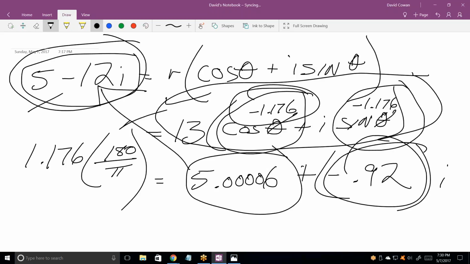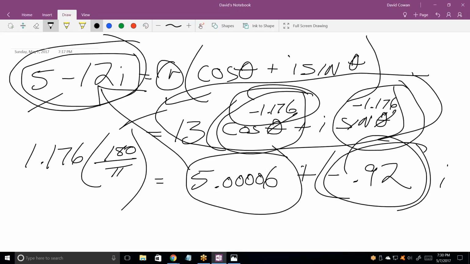And that's not what you want. What you want is the trigonometric polar representation of this complex number. And it's r times cosine of theta plus i sine of theta. And you have to figure out r, which is clearly 13. But theta, I might have made a mistake somehow in theta.